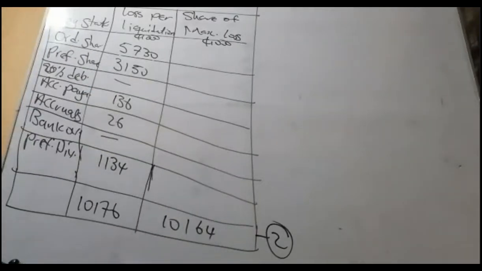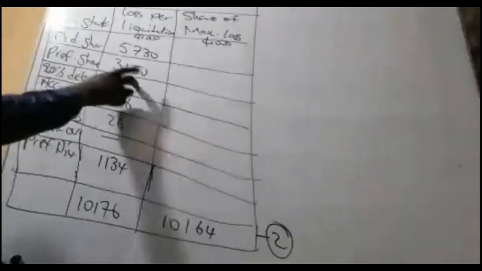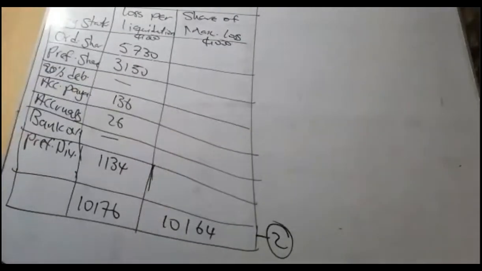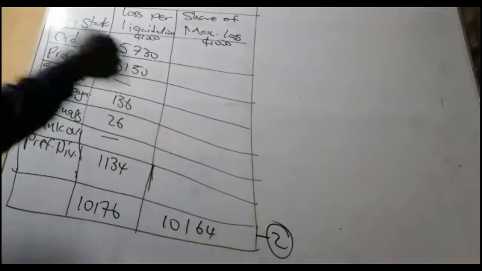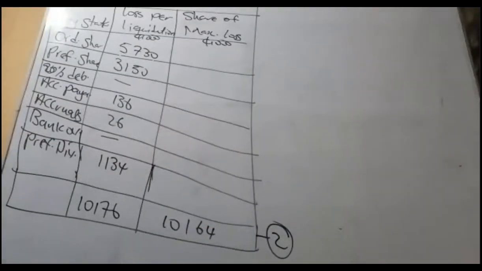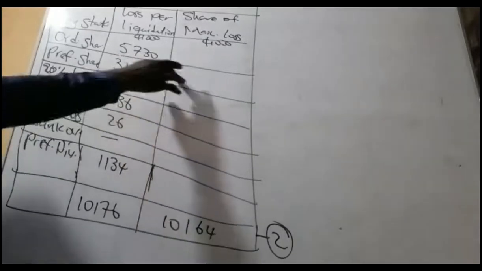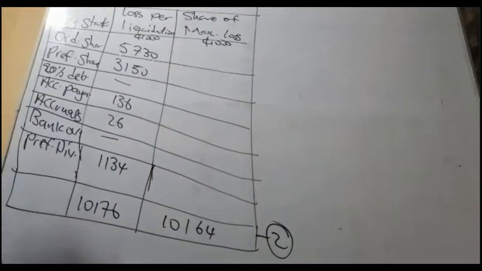But what matters is that the basis for sharing must depend on the loss per liquidation. So number one, under no circumstances should someone lose more than his position in case of liquidation. So that's why we bring it here as a benchmark. You base on this figure to share the loss. It is discretionary. Any one that you select is correct, but make sure that it follows the principle.